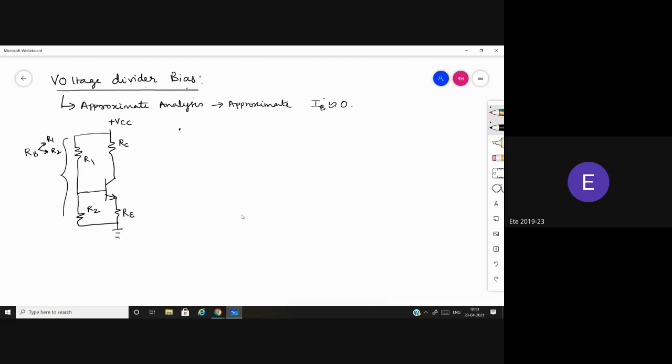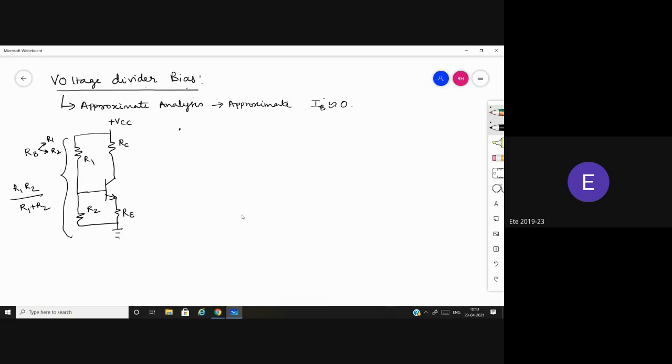If someone asks what the total input resistance is here, how can we find it? R1 into R2 by R1 plus R2. Yes, good. This is how we find the effective resistance, and we get a single resistance value.